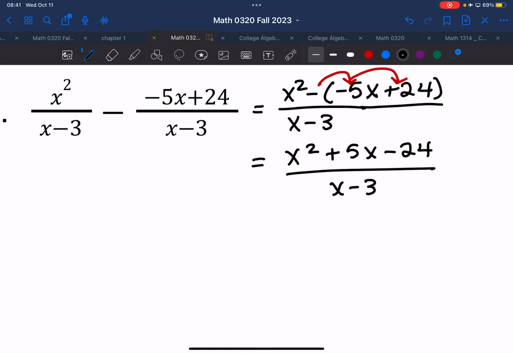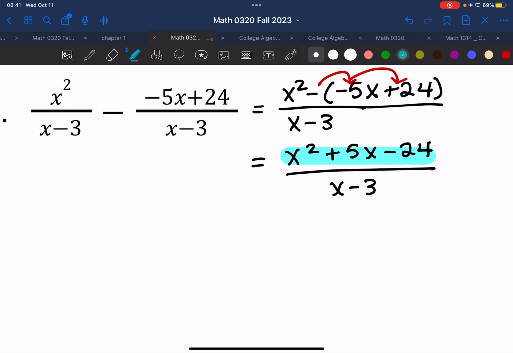Would this be our answer, or could we simplify this further? Simplify. What would we try to simplify? Trinomial up top. Factor it. Good. We need to try to factor this trinomial at the top because it looks like that standard form of ax squared plus bx minus c.